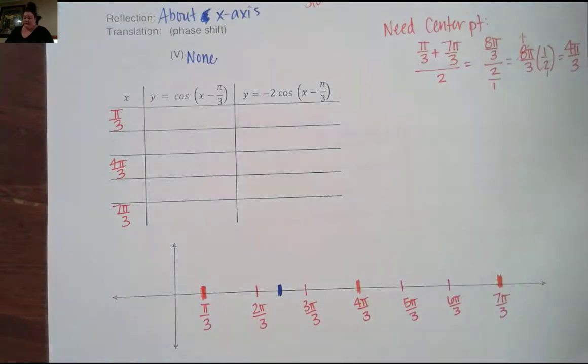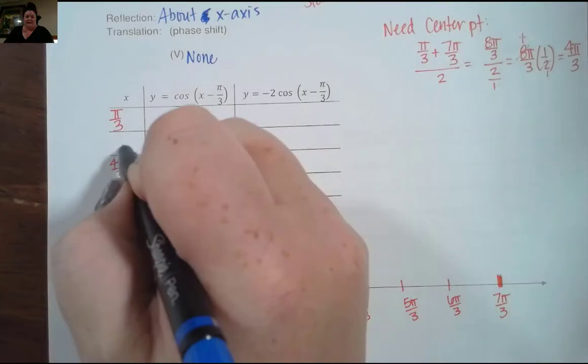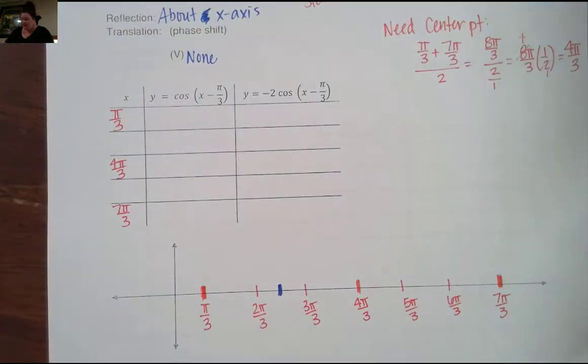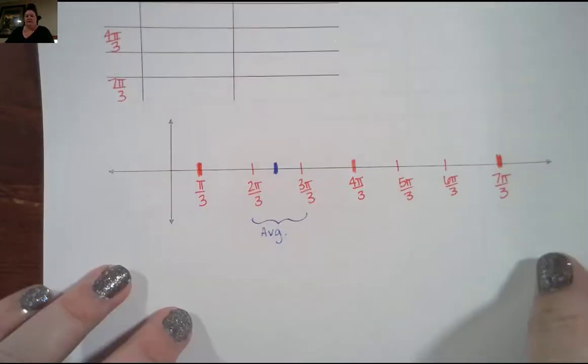Whatever that point is going to be the point that I need to write right here. But I don't know what that point is. So I need to find the midpoint between these two, okay? So I'm going to average these two values to see what that center point is, okay? So a little bit of extra work on this one.